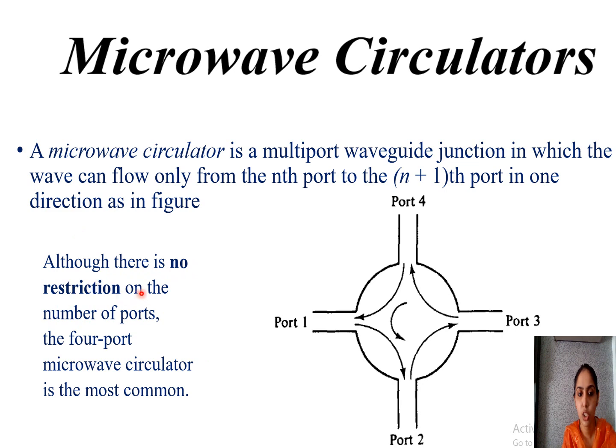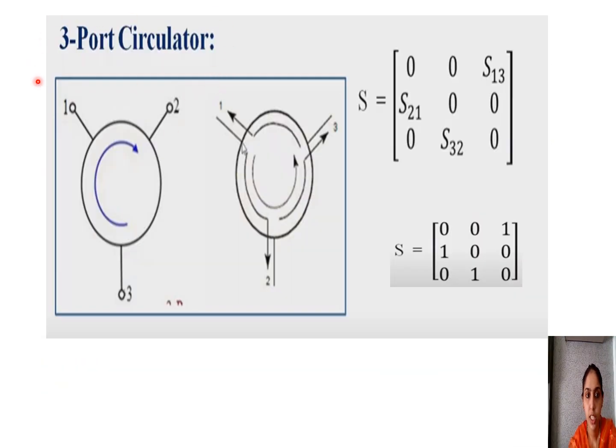Although there is no restriction on the number of ports, the 4-port microwave circulator is the most common. Usually we employ either a 3-port or a 4-port microwave circulator. When we consider a 3-port circulator, the direction of propagation can be either clockwise or anti-clockwise.